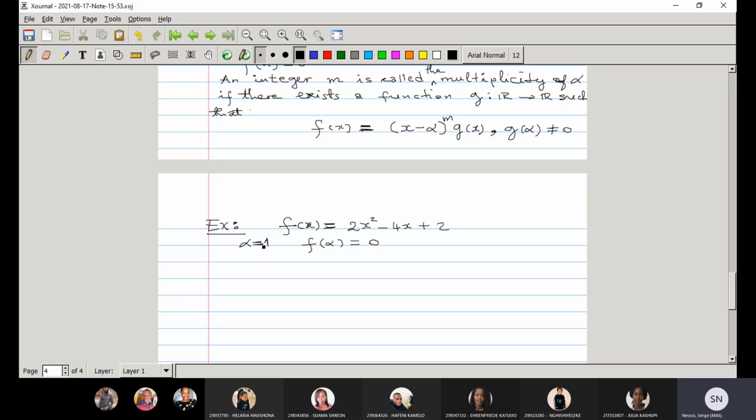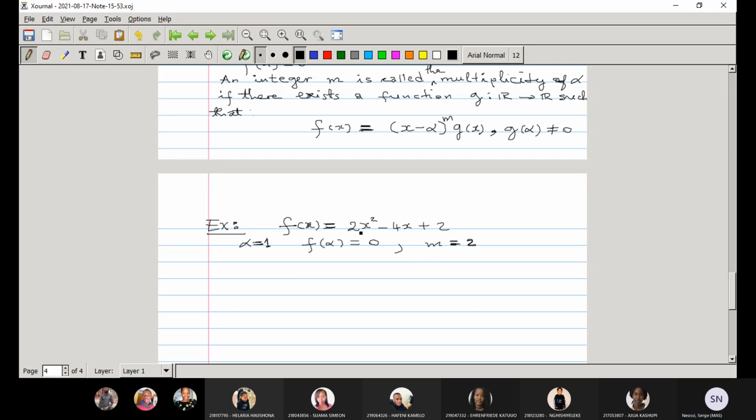But I selected this in such a way that the multiplicity is 2. That's my choice. So in this case, m is equal to 2. Why?